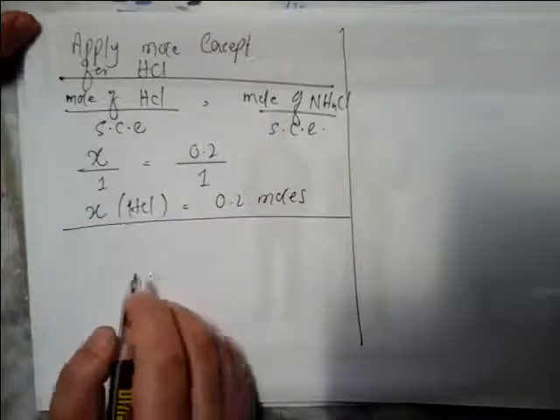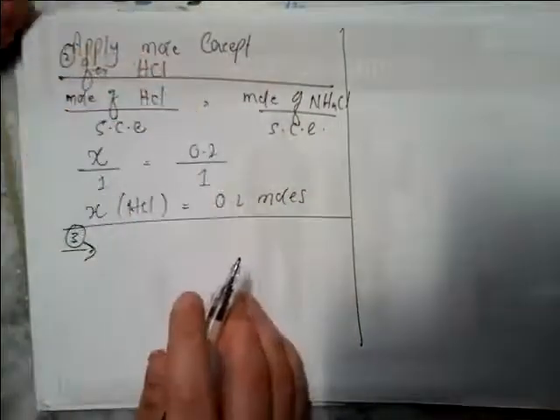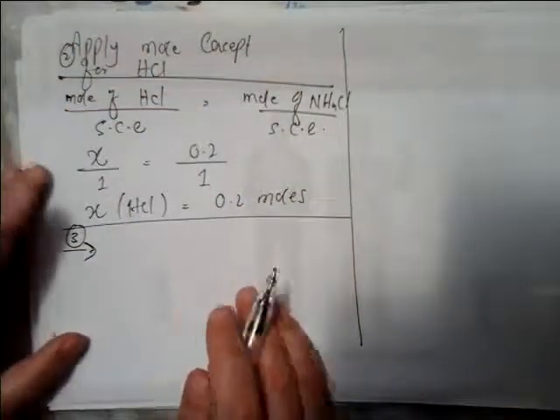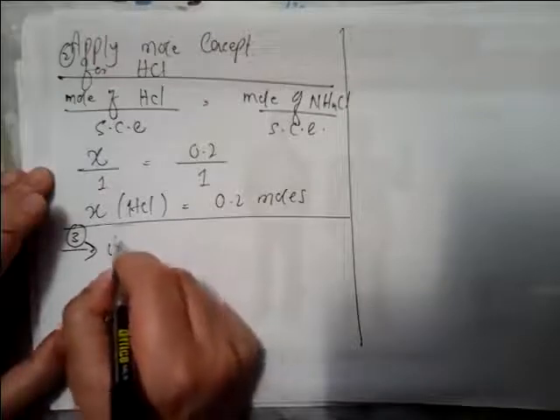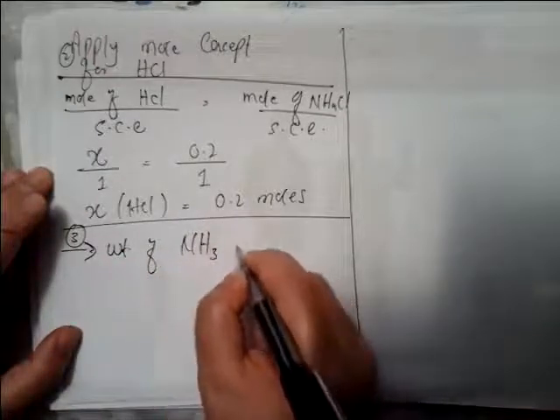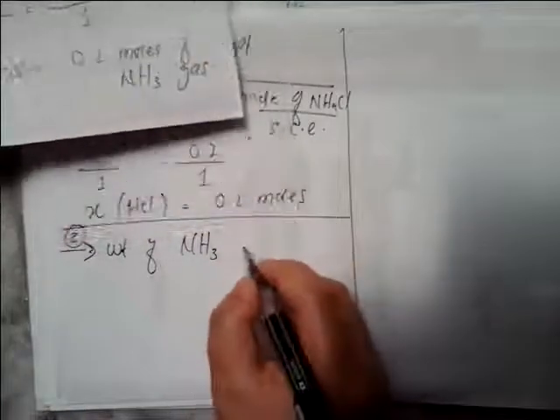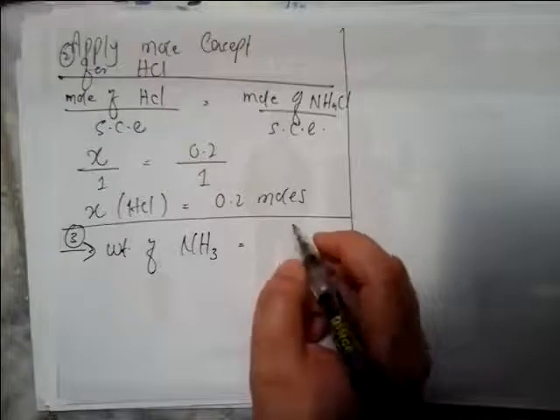Got it? Now you can easily, in the last step, in the third step, this was the second step, okay? In the second step we applied the mole concept. In the third step you can find the weight of ammonia gas. We know that moles of the ammonia gas was 0.2. So what will we do?